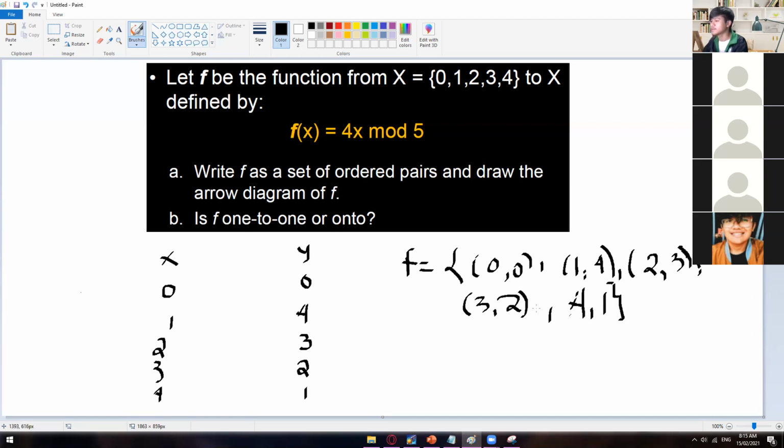So here's the set of ordered pairs. Oops, sorry, this one should be enclosed with parentheses.